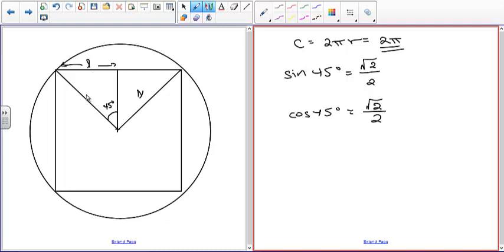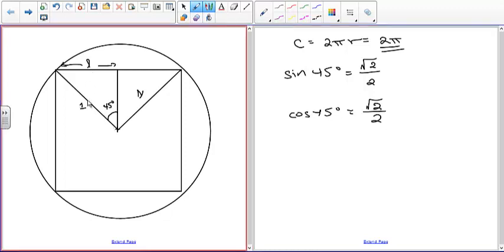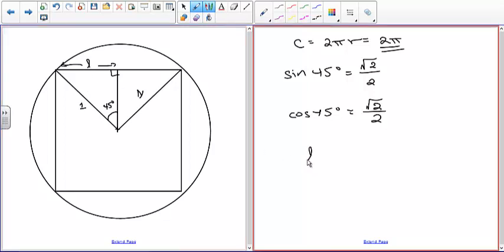So for this simple case, if the hypotenuse of this right triangle is 1, then L is going to be equal to the hypotenuse times the sine of 45 degrees. Well, the sine of 45 degrees is square root of 2 over 2. In decimal form, it's 0.707 something.